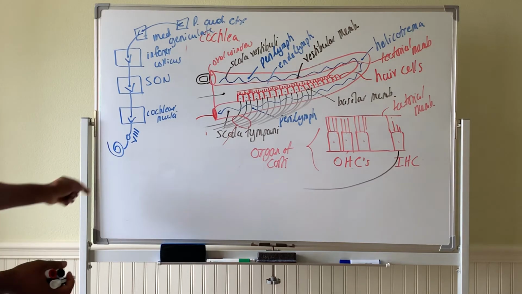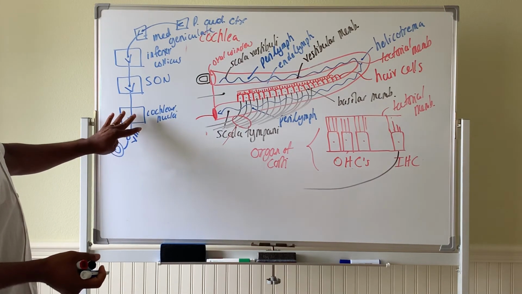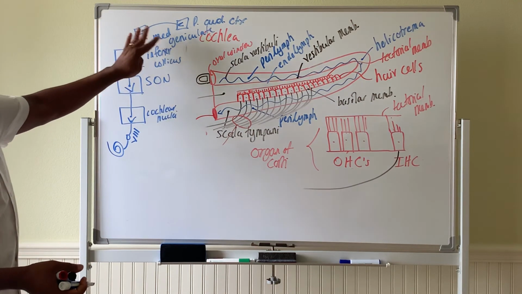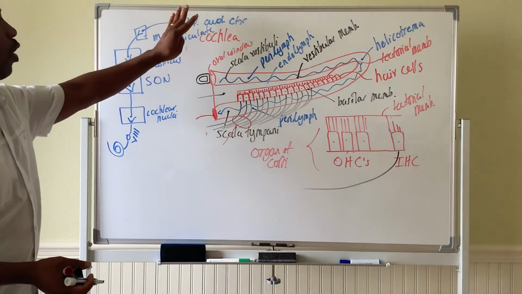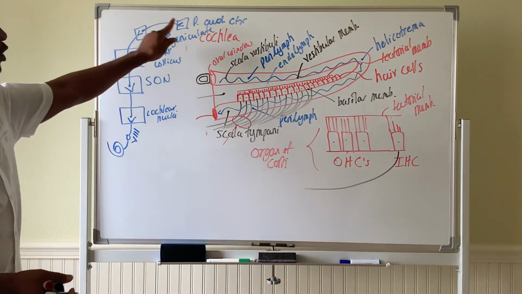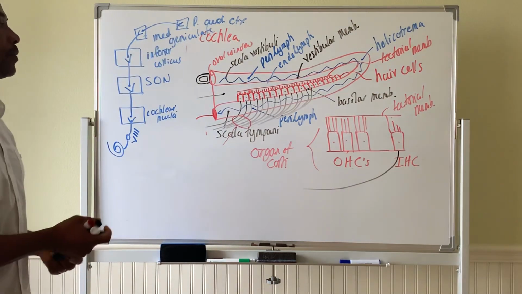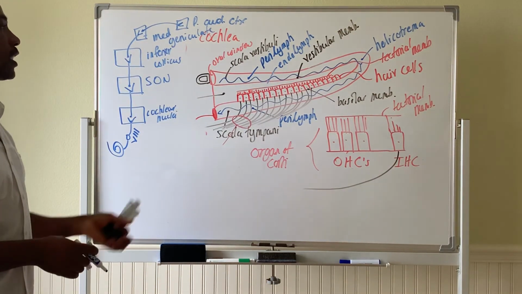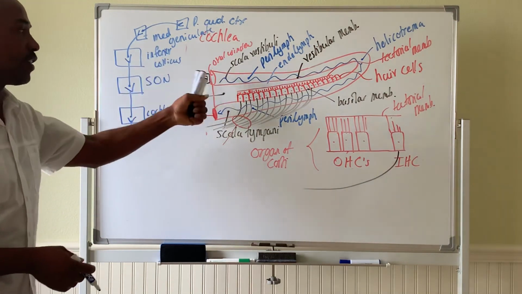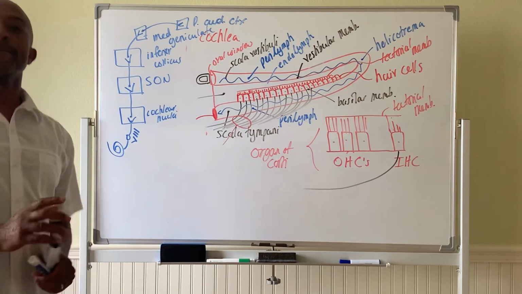So it's a 5-neuron pathway from the cochlea to the cochlear nuclei, then to the SON, then to the inferior colliculus, then to the medial geniculate, and then to the primary auditory cortex. That is your typical 5-neuron pathway for sound, and it has to go all the way here for you to hear it. We won't worry about the vestibular pathway, which is a little bit different. This is auditory, not for vestibular function. Okay, we'll stop there.